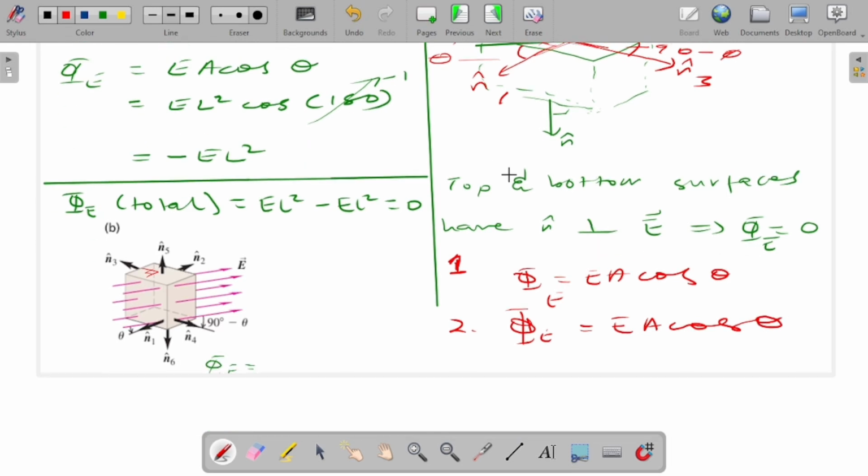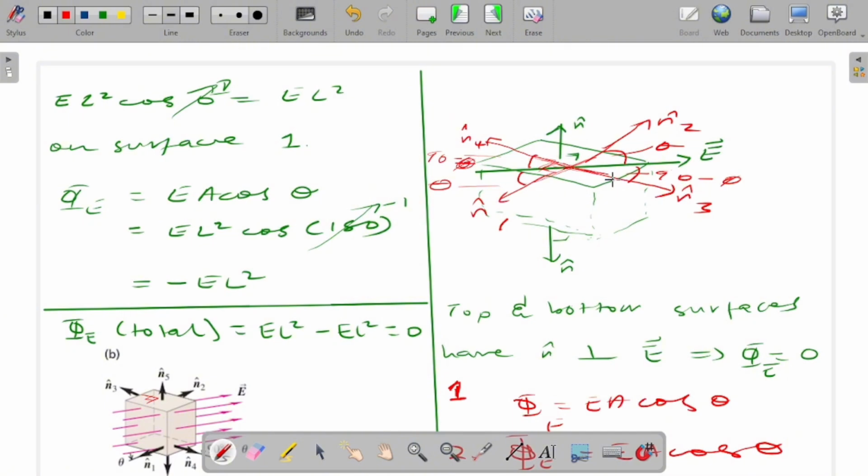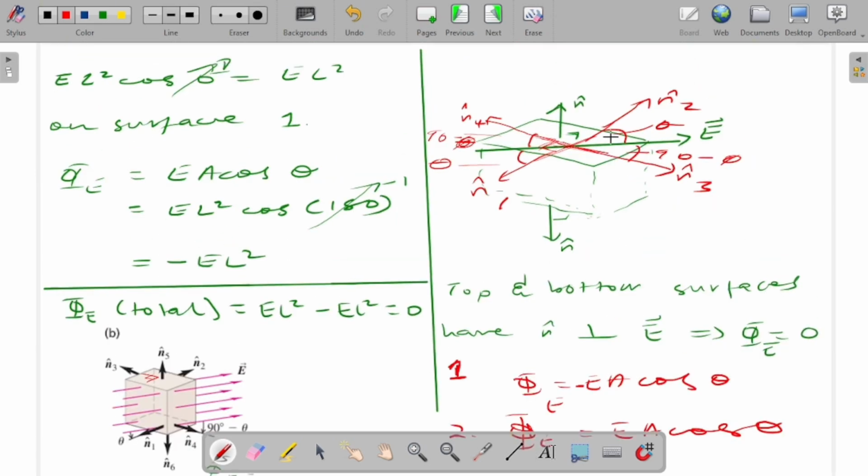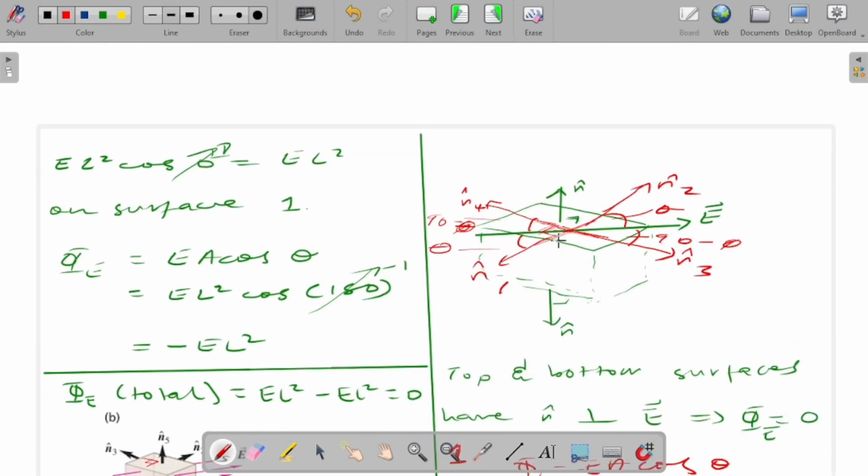But we need to define which one is positive. Our electric field is moving this way, so N1 has to be negative because, in fact, it's not our theta, it's our normal. Our normal and our electric field are not in the same direction, even though they are in terms of components because of the angle.